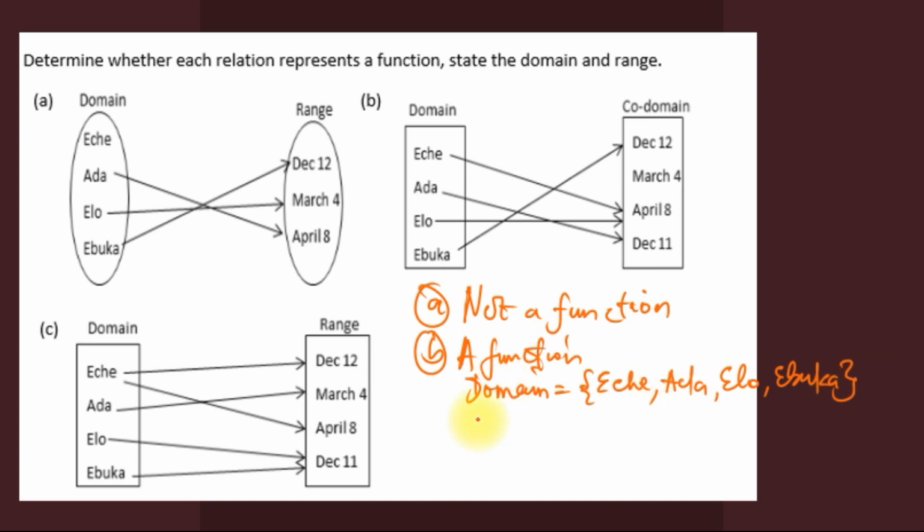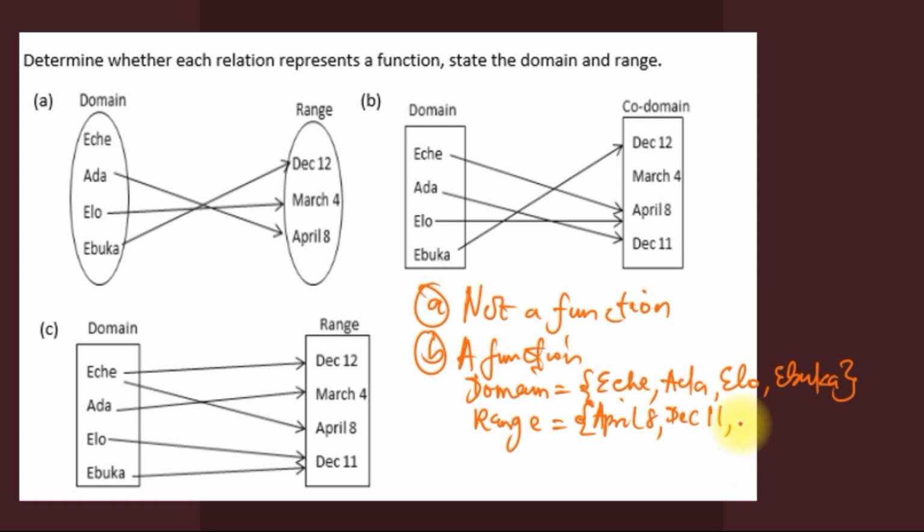Why the range? The range are the ones assigned, which are the images of the domain. Eche is assigned to April 8. Ada is assigned to December 12. December 11, sorry.